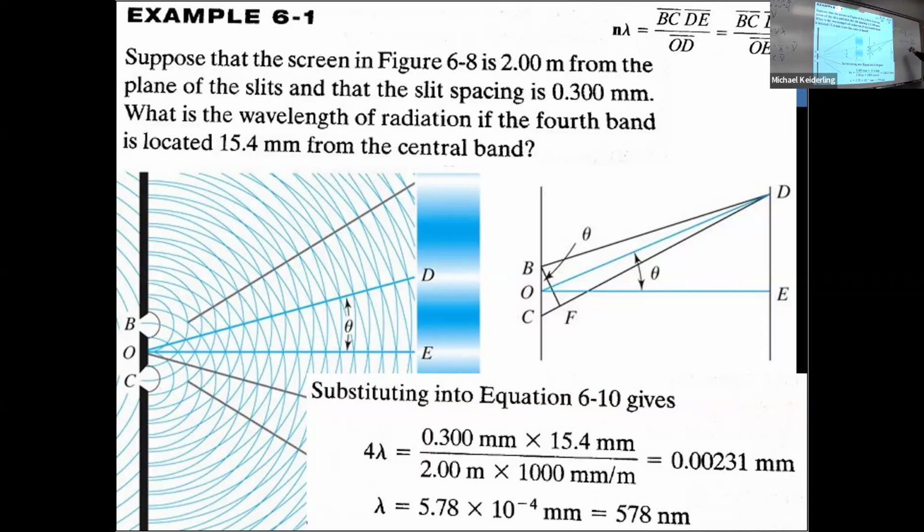So 4 times the wavelength is 0.3 times 15.4 divided by 2000. 2.31 times 10 to the minus 3 millimeters. So divide that by 4.